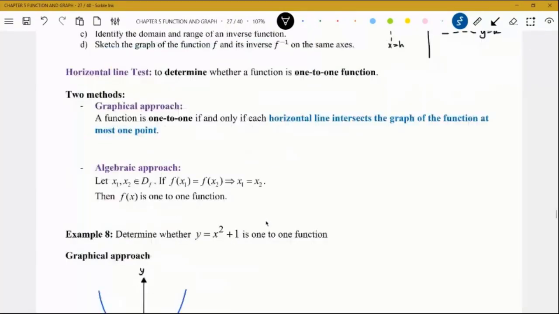And then we have another one, which is the algebraic approach ataupun algebraic method, where we let your x in terms of domain, and then we come up with x1 equal to x2. If your x1 is not equal to x2, it means it's not a one-to-one function. So kalau bukan one-to-one function, it means f inverse does not exist.